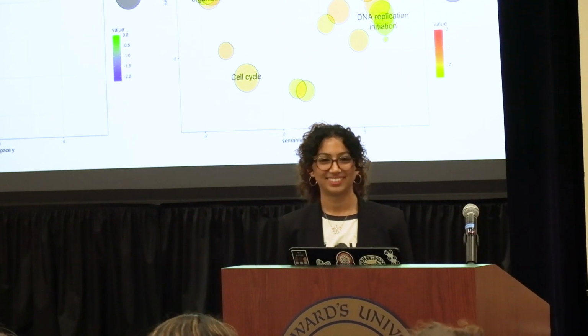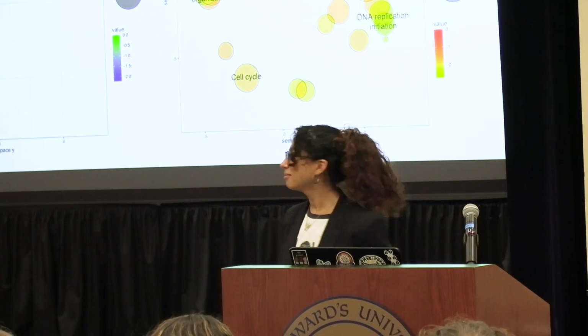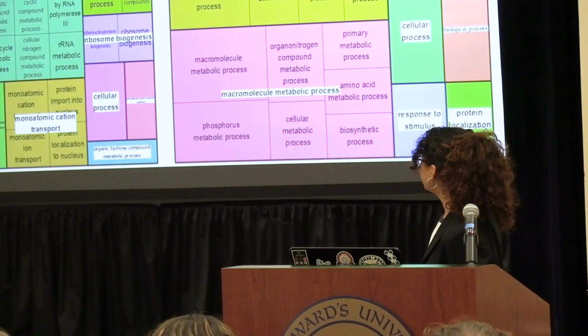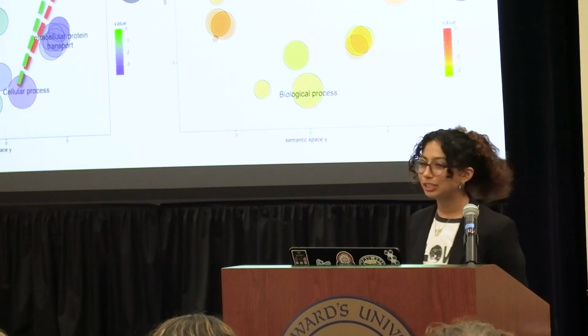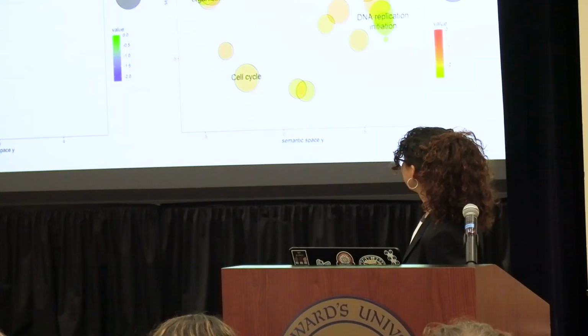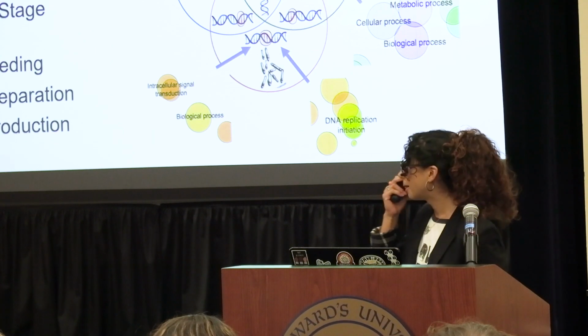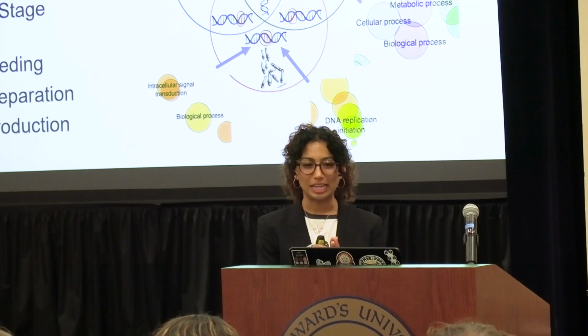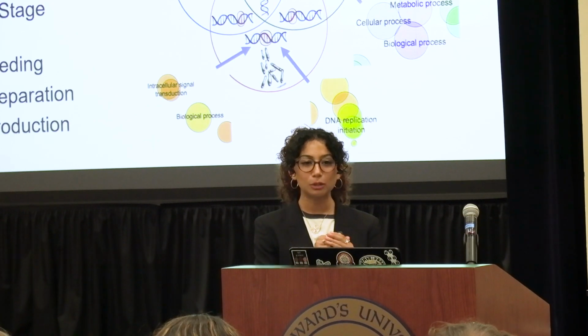Was there anything you found surprising based on your knowledge of parasites? I was really interested in the amount of metabolic genes that I found in the attached trophozoites. I'll just go back to this figure. But yeah, we knew that the attached trophozoites had that direct relationship with the host.